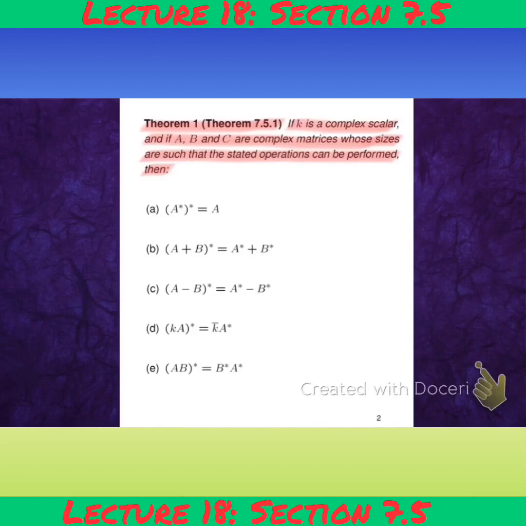The conjugate transpose distributes over a sum, simply because the transpose distributes over a sum of matrices, and the conjugation operation also distributes over the sum. That's section 5.3. The same holds for the difference between two matrices.